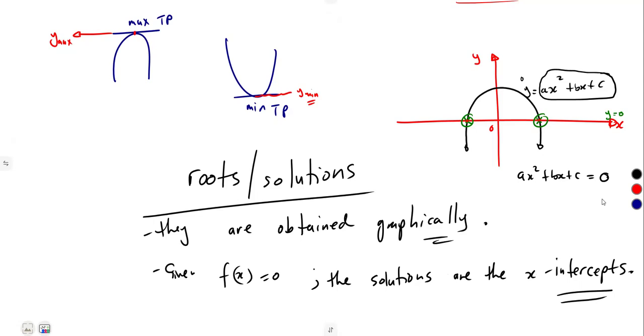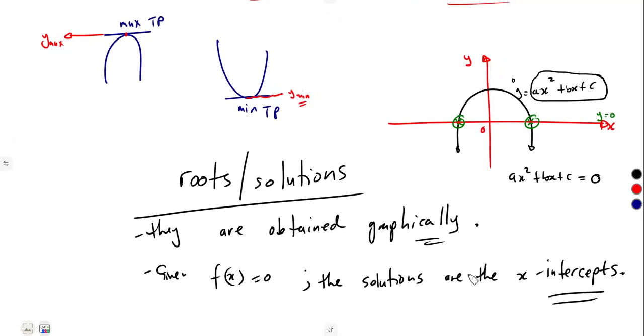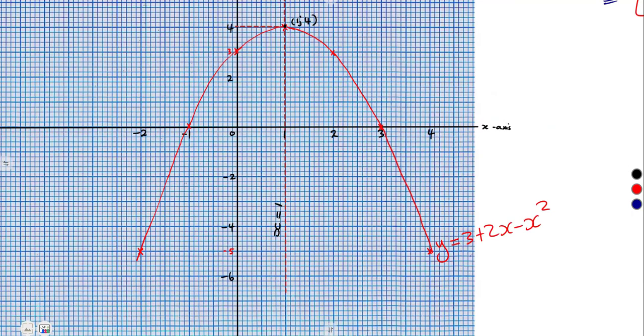That is basically what you're going to consider, where y is equal to 0, from the original graph. But there are other adjustments which can be done if the equation is not given to you graphically. Okay, let's start with this one first.